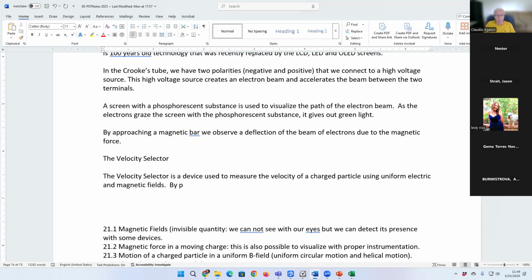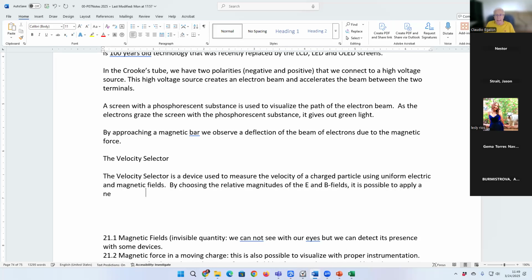By choosing the relative magnitudes of the electric and B fields, it is possible to apply a net force equal to 0 to a moving charged particle.